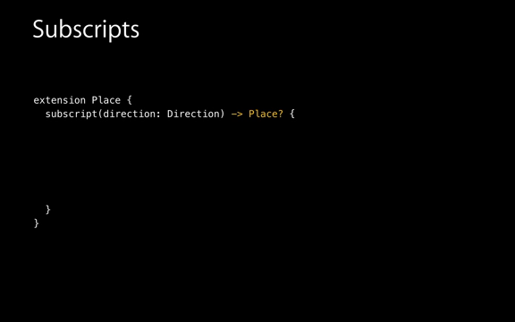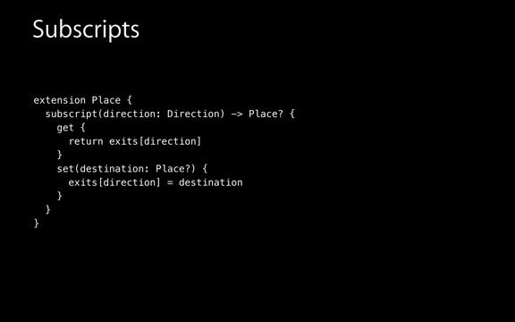And then kind of like a function, you give it what feels like a return type. That's the type of the element that you subscript to. But here's where it starts feeling more like a property. You just provide a get and set method like any other property. So the get is just going to delegate to exits, and the set just writes back into exits.